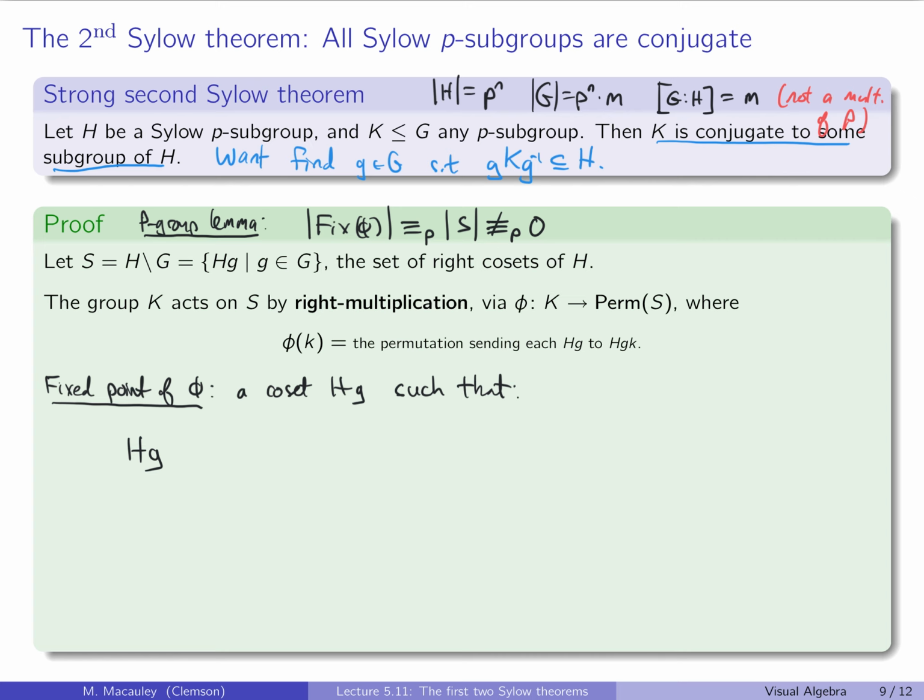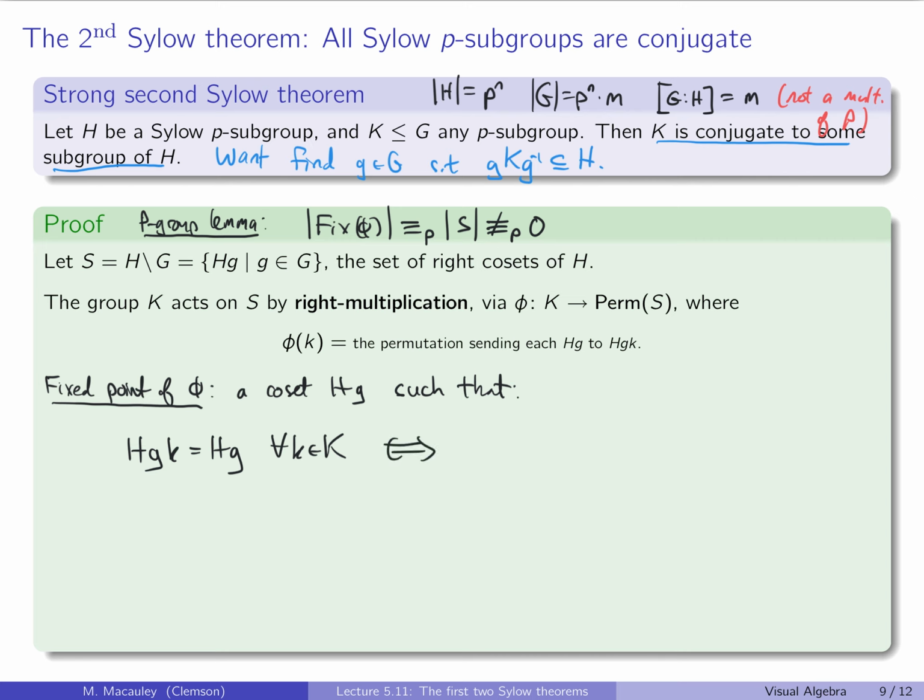So in other words, Hgk equals Hg for all elements k in K. Now what can we do with this?